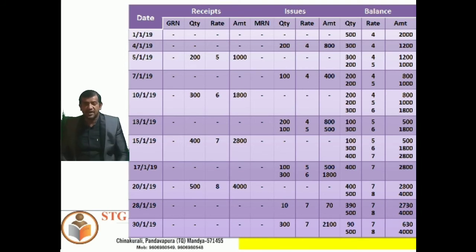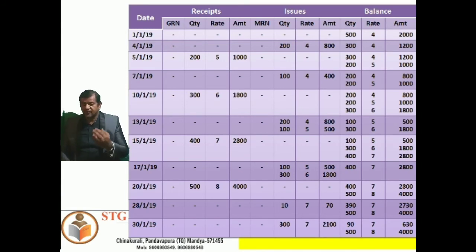After that, we are further moving on. 28/1/2019, receipts column, GRN nil, quantity nil, rate nil, and amount is also nil. Under issues, MRN nil, but there was a shortage on 28/1/2019. How many units was the shortage? 10 units.